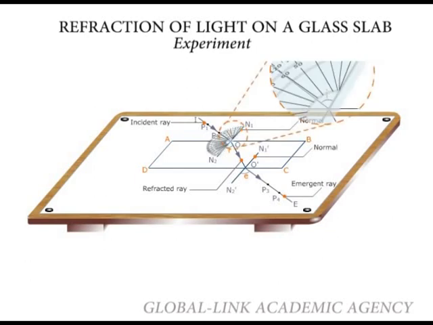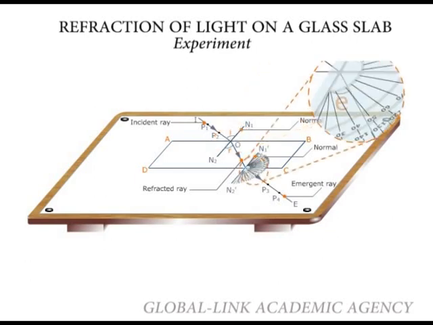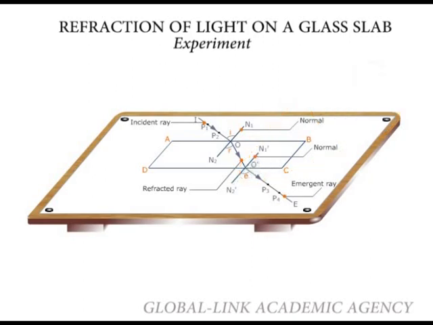Measure the angle of incidence, angle of refraction, and angle of emergence. Angle of incidence is greater than angle of refraction, and angle of incidence is equal to angle of emergence. Extend O'E backwards. You notice that the emergent ray is parallel to the incident ray.